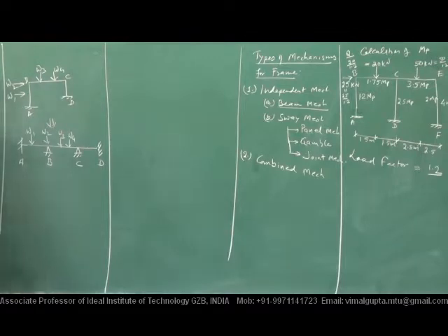Okay. So for AB, here AB is a vertical leg, which means it will act as a column. BC is a beam.